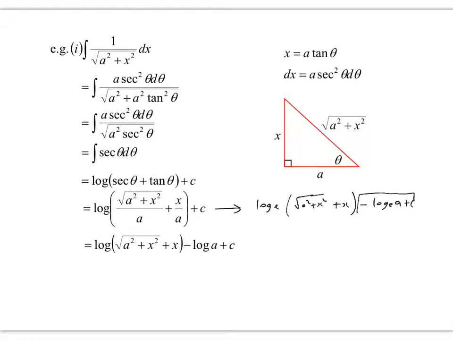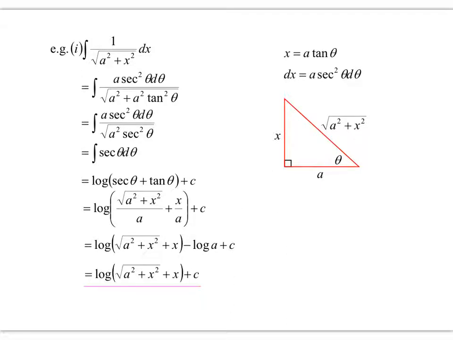Now this part is just a constant value. So see this and this, they're both numerical values, so if we bring them together, it's just another constant, so plus C1. It's a different constant, so let's just denote it as a different constant. So C1 will be sufficient.